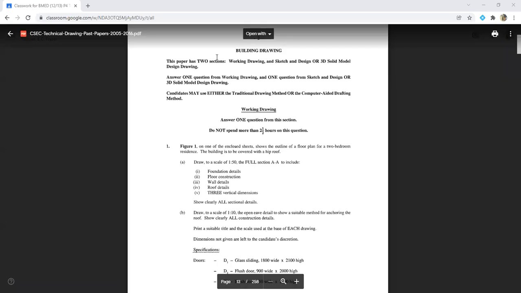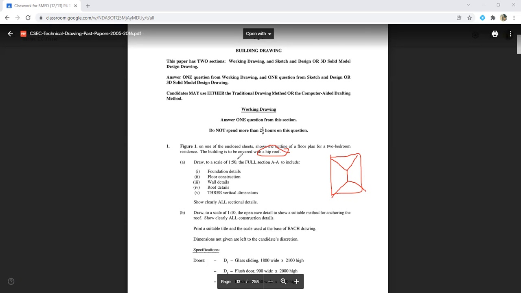So the first thing you must know is what a hip roof looks like. A hip roof looks something like this. That's the first thing you're given.